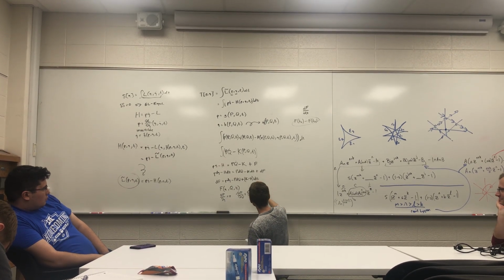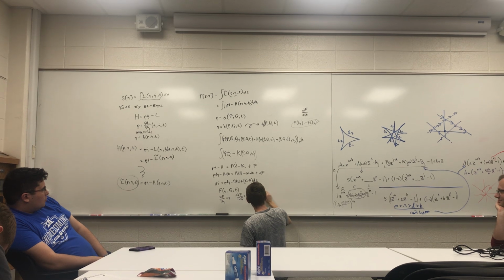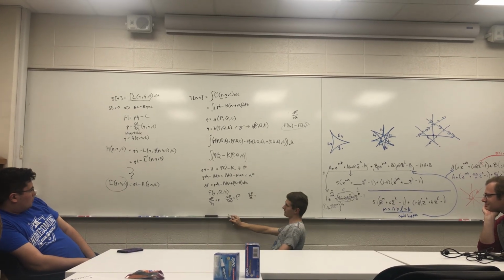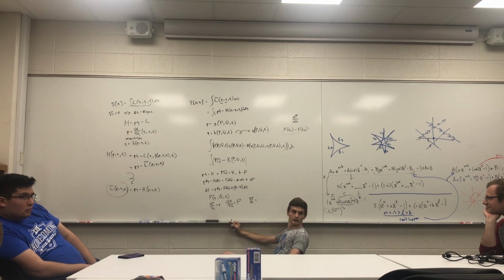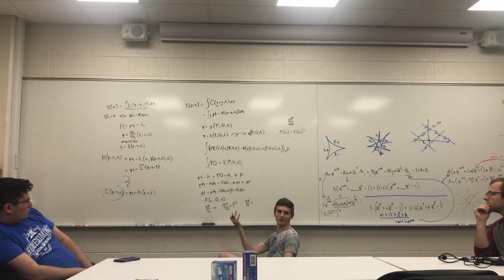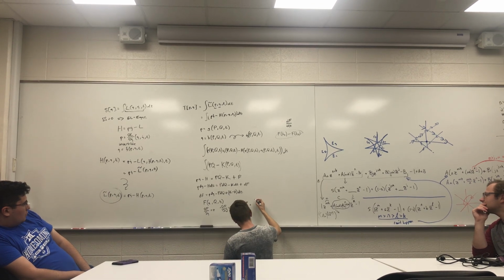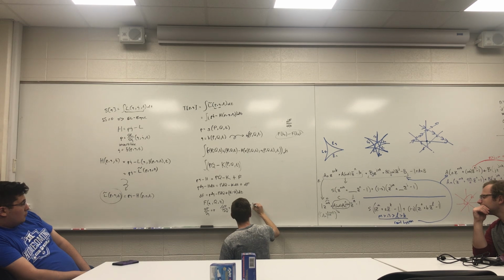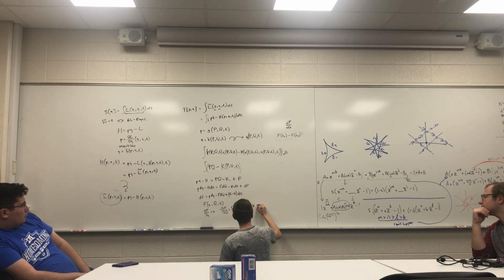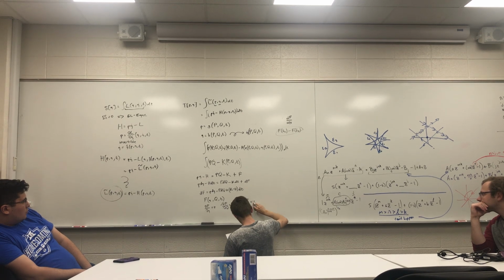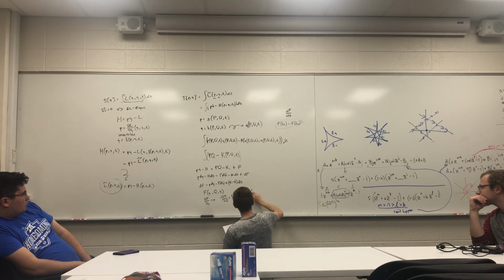And finally, the partial of F with respect to t is going to be K minus H. It's more standard to write it the other way.